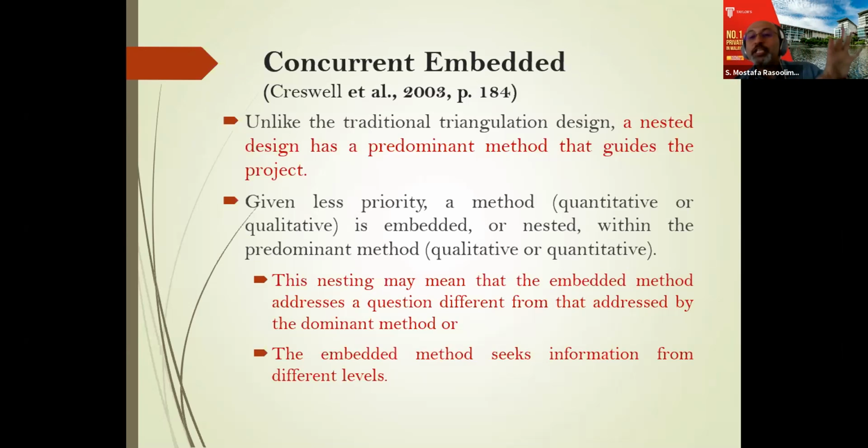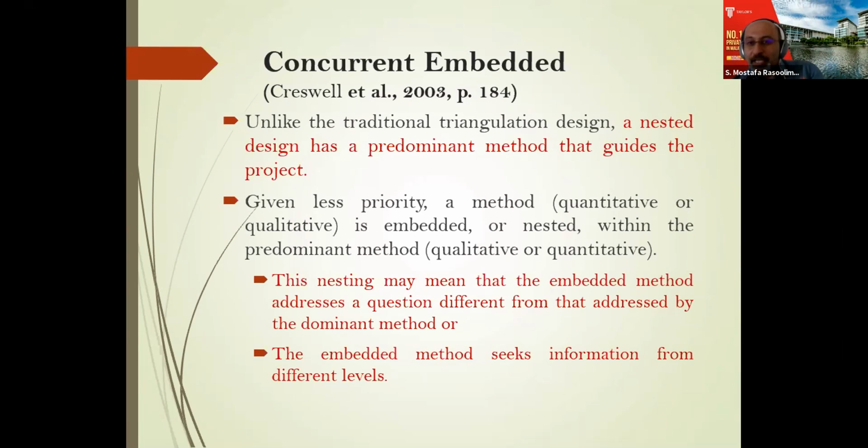The main method is qualitative, but at the same time we collect quantitative data to understand the demographic characteristics of respondents. So it's a very small portion of our research, right? And it is embedded in our main research question.